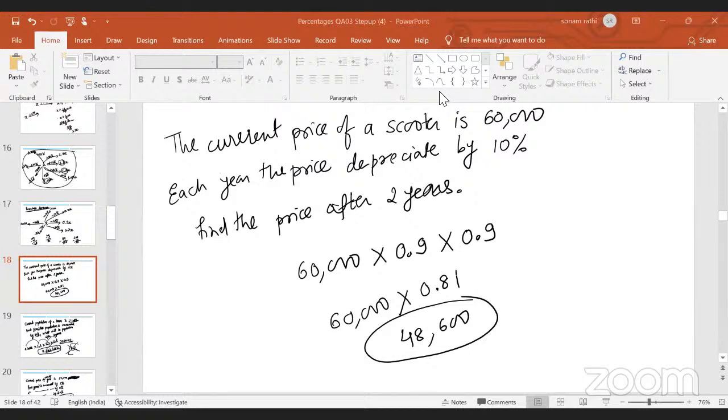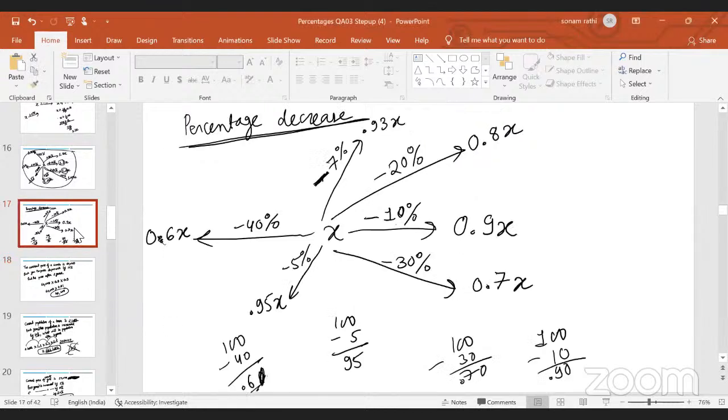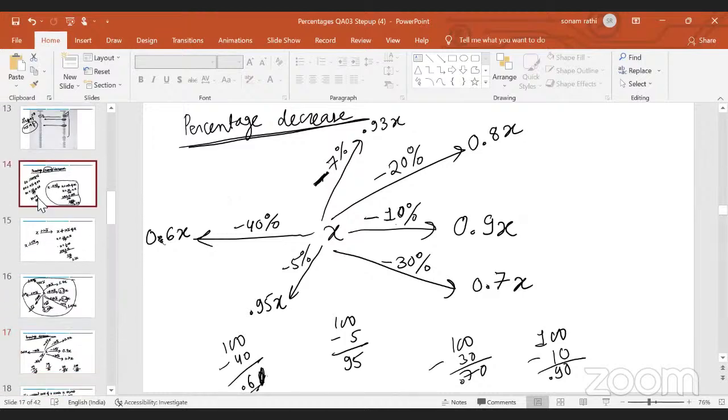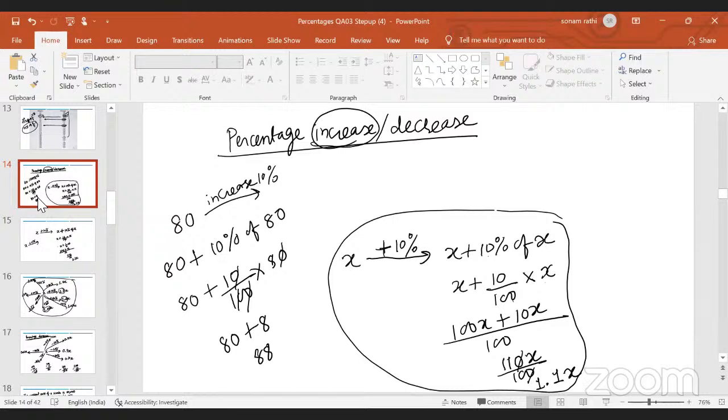Okay. So from this, what have we learned? We have learned two things. One is price increase and price decrease, correct? And we will be able to handle all the questions based on percentage increase or percentage decrease. In such questions, the current price or the current population of a town will be given to you, and in the question they will mention whether it is increase or decrease and by what percentage.